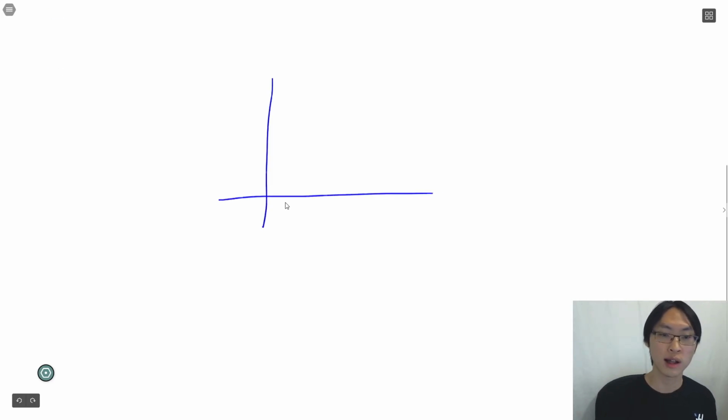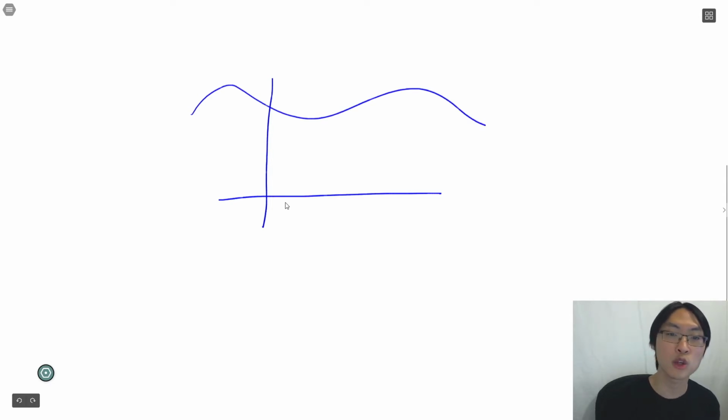In functions of one variable, you would calculate the derivative by taking slopes of secant lines, and then you take the limit as these points get closer and closer together, and that will give you the slope of the tangent line.